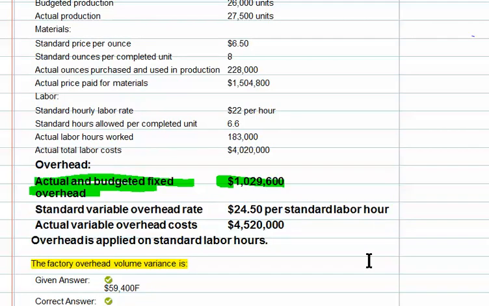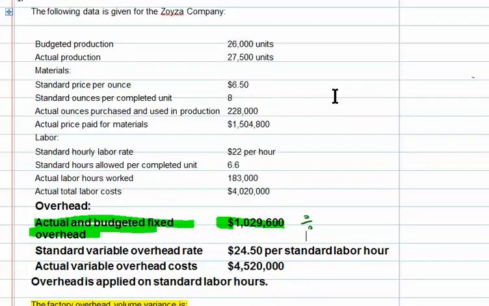So I can take that number now, and I can divide it by what our volume is. Our volume in this case is 26,000 units. That's what our budgeted volume is. That's the equivalent of the 50 chairs.